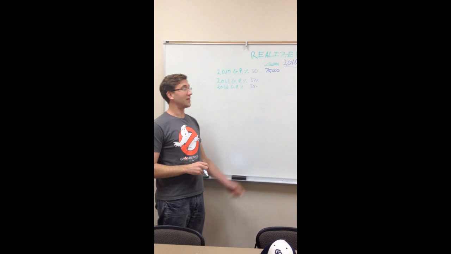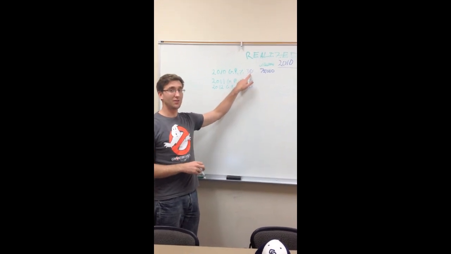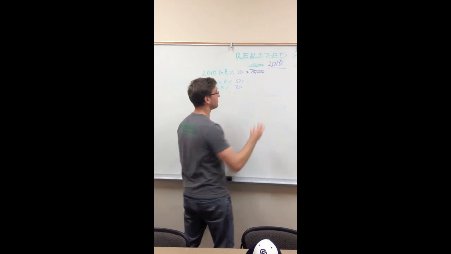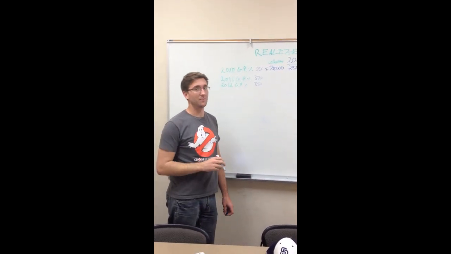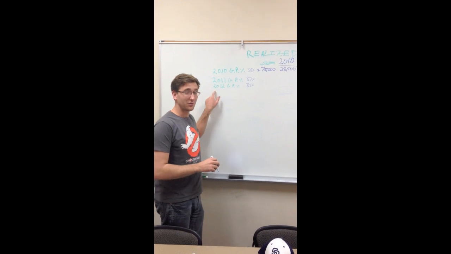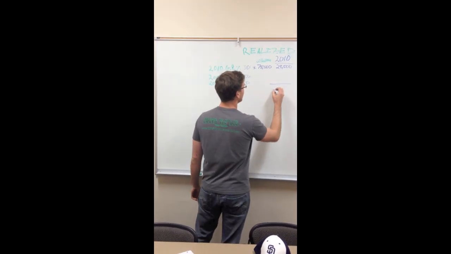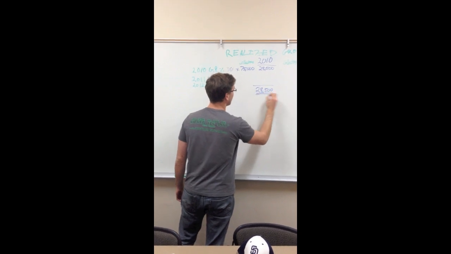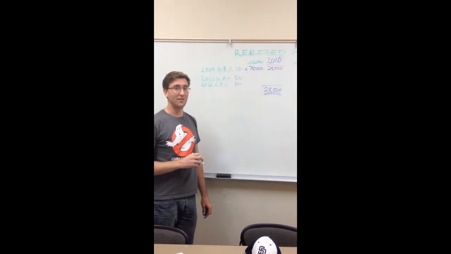We're going to apply the gross profit percentage that we calculated to the $75,000 to get $28,500. Now there are no cash collections in 2011 and 2012. So in 2010, realized gross profit is $28,500.